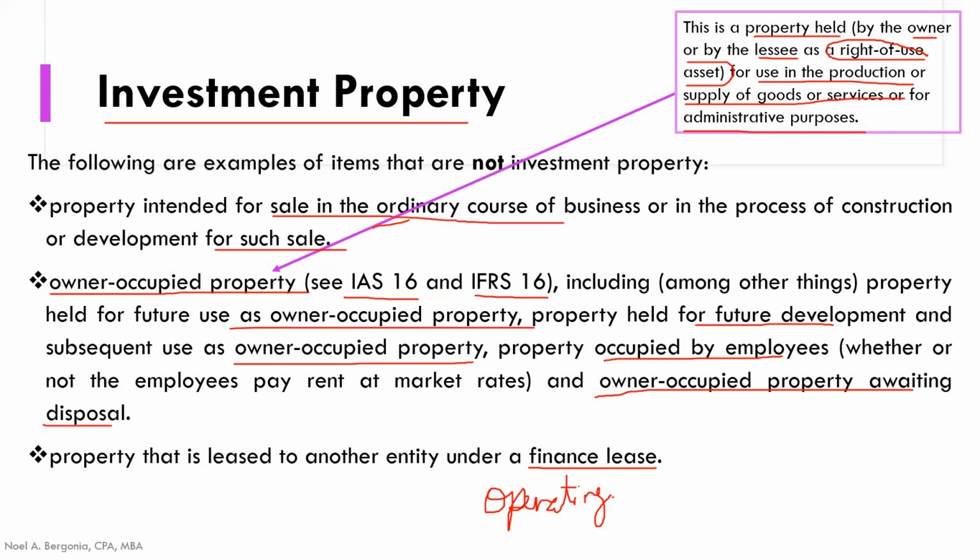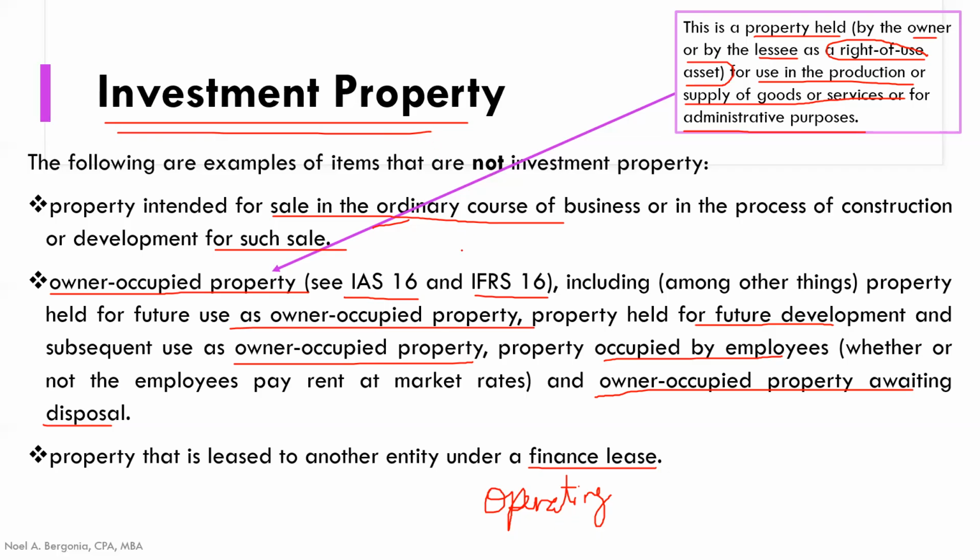Okay, so please take note of that ha. Pag operating lease, investment property. But if it is finance lease, then it's not an investment property, but rather it's accounted for under IFRS number 16. Pero take note class ha, whether operating man yan or finance lease, dapat land and building lang tinitignan natin under investment property.